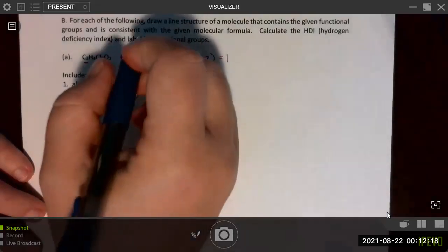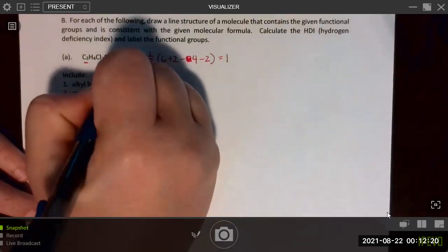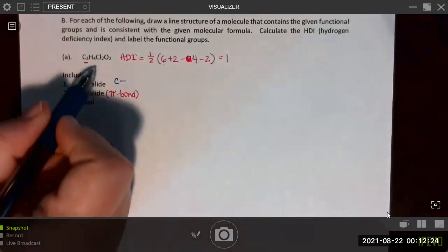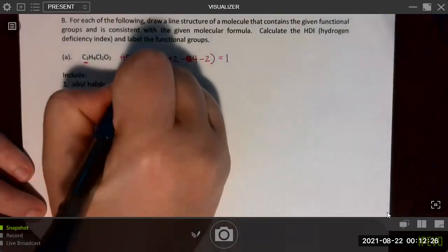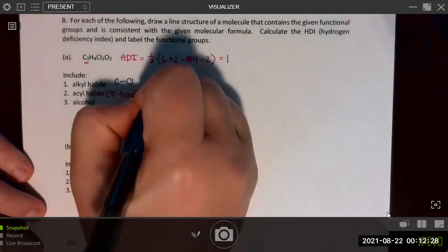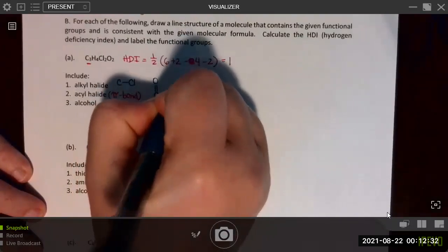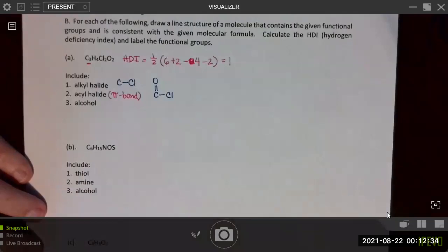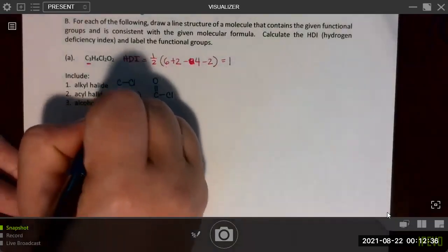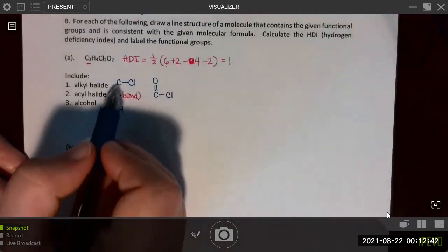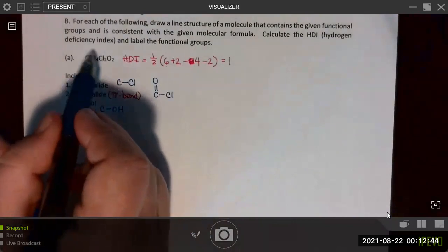We've got an alkyl halide, which is a carbon attached to a halogen, which in this case has to be chlorine. Right? We've got our acyl halide, which is a carbon that has a carbonyl and halogen directly attached. And then the alcohol, which is a carbon with an OH attached to it. So that's sort of our goal, and you can kind of use up all 3 carbons that we have.